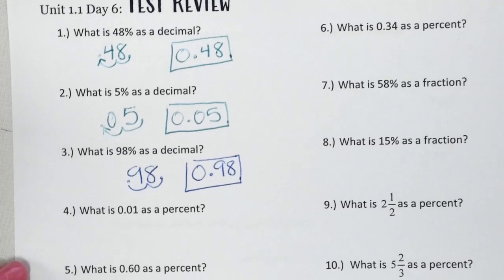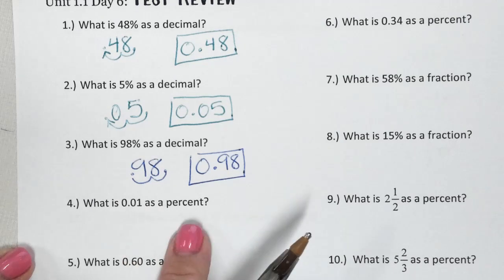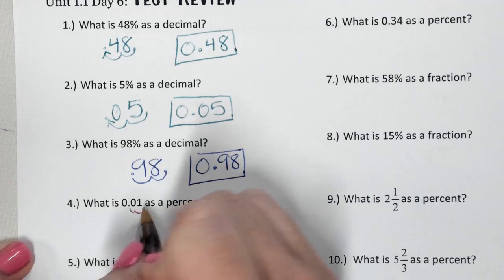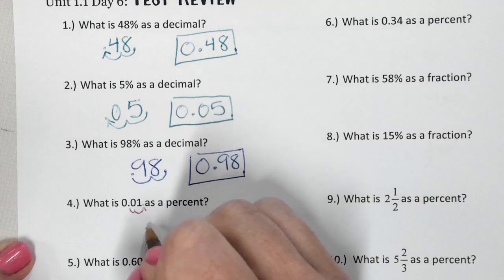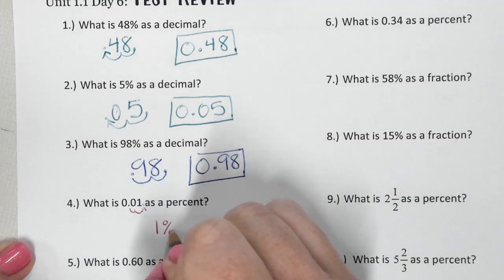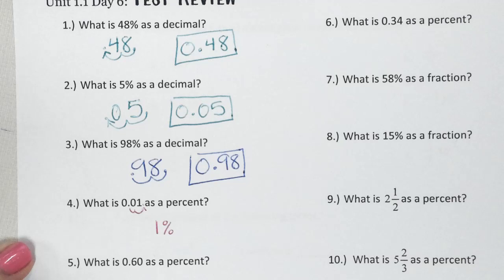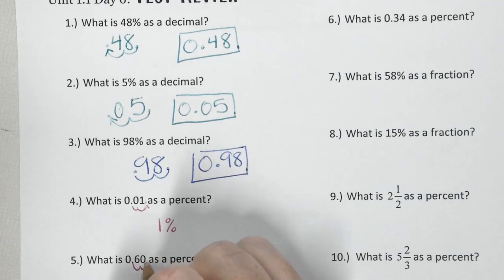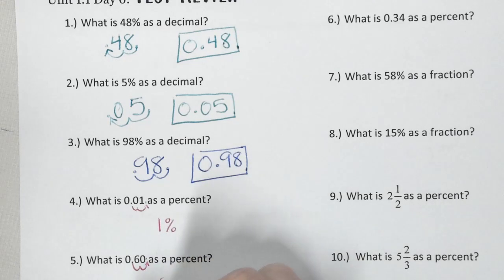Okay, what is 0.01 as a percent? So as a percent, we do the opposite. We move it to the right twice. So this becomes 1%. So the next one, again, we're going to move the decimal to the right twice, and it becomes 60%.